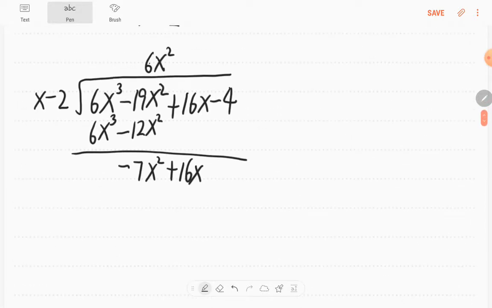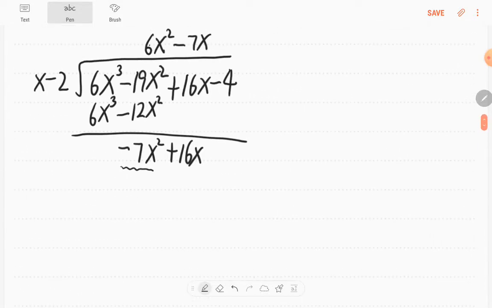So which number do we multiply to make the first term negative 7x squared? We multiply by negative 7x, right? So this is negative 7x squared minus negative 7x times negative 2, it's plus 14x, right?